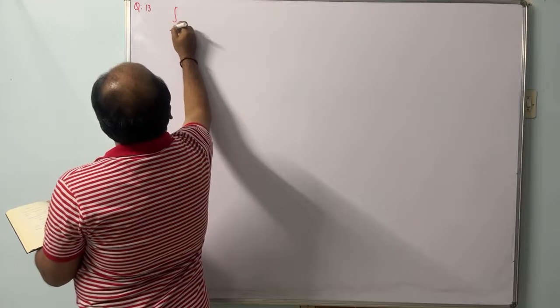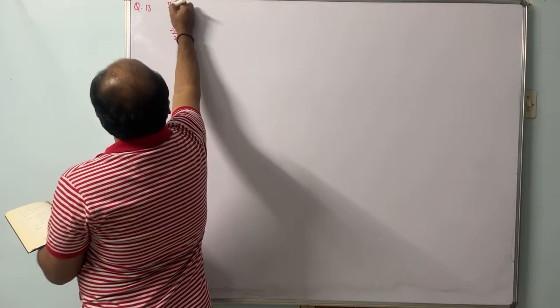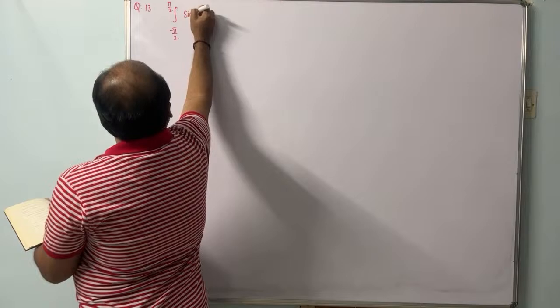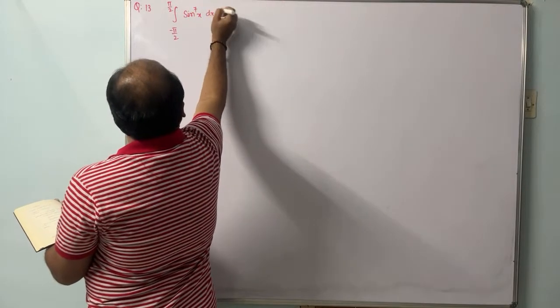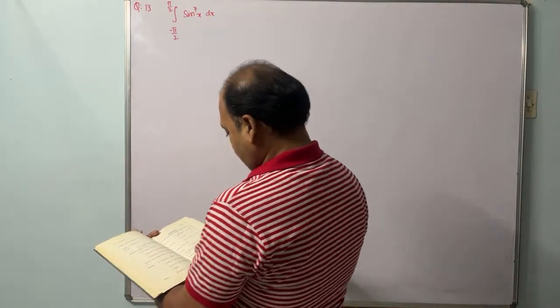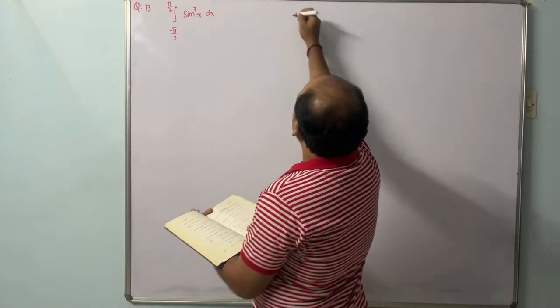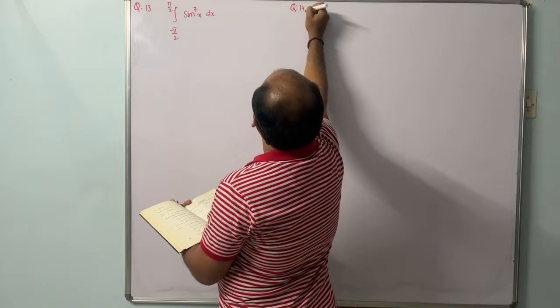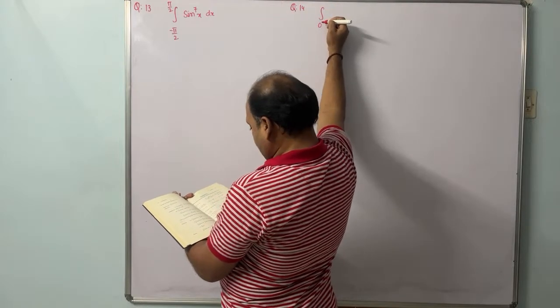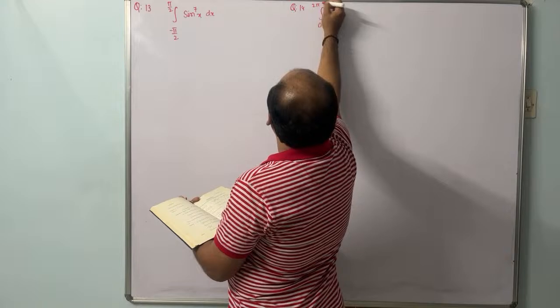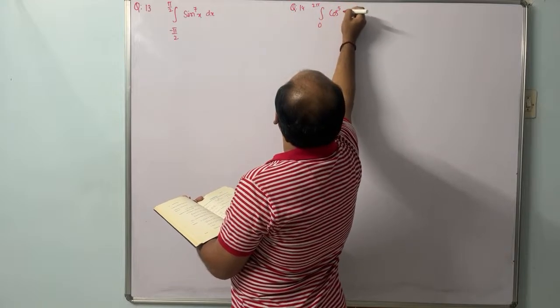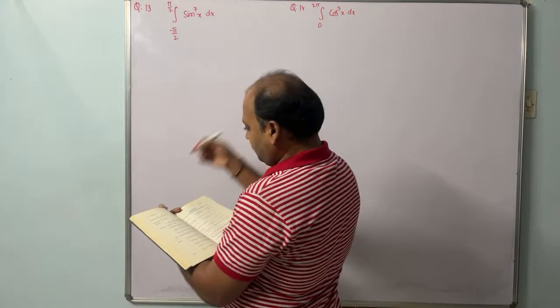Integral minus pi by 2 to plus pi by 2 sine power 7x dx. And question number 14. Integral 0 to 2 pi cos power 5x dx.